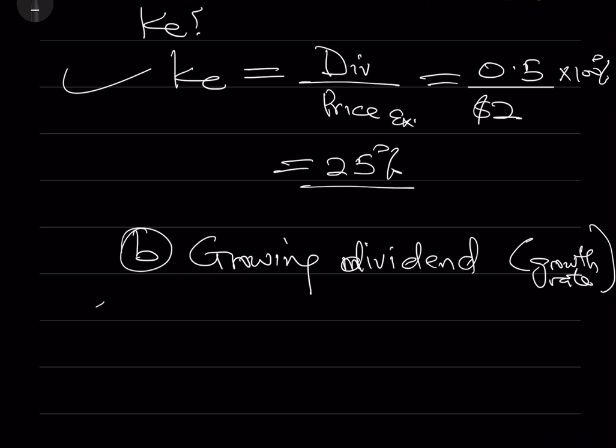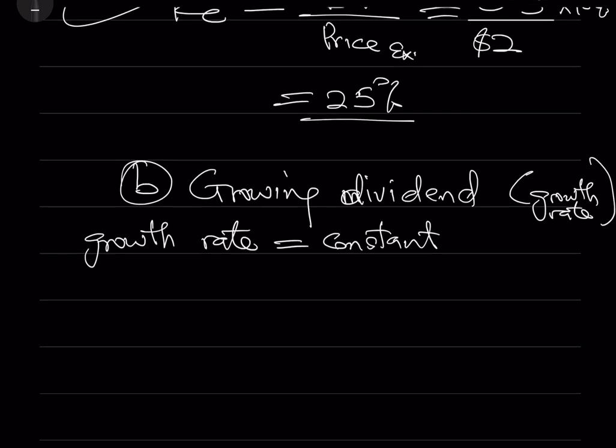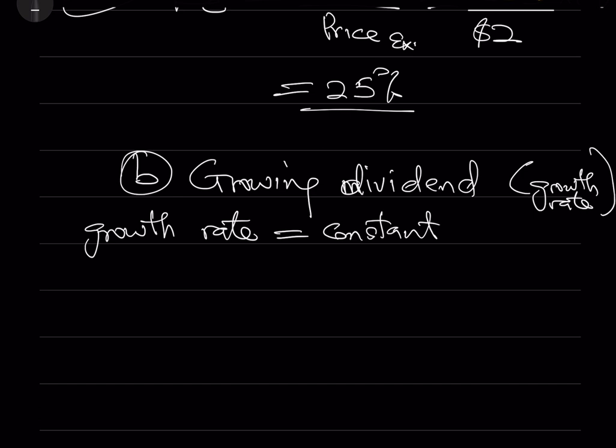Please take note. The growth rate does not change. Yeah, that's the assumption. Growth rate is always constant. So what we did before was constant amount, but what we are doing in B is a constant growth rate. So dividend is not constant, it's a growth rate that is constant.